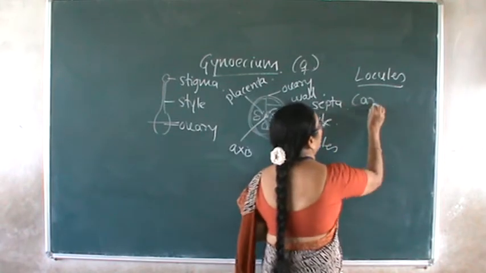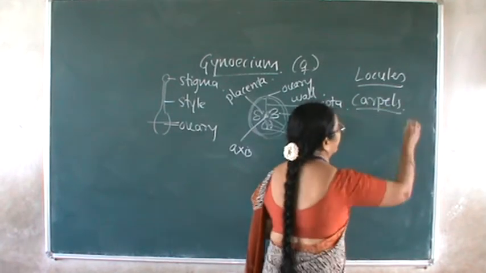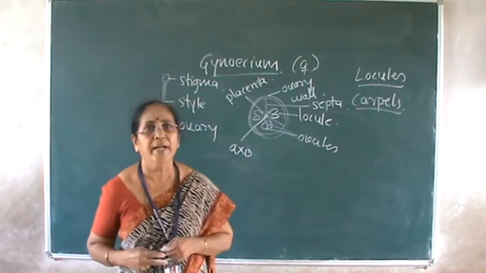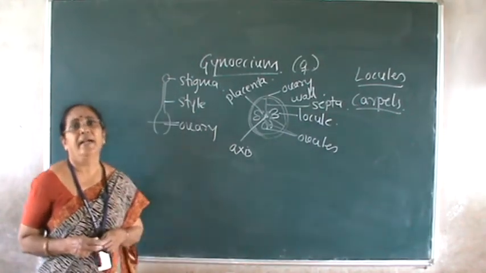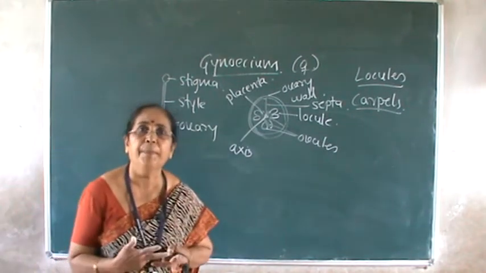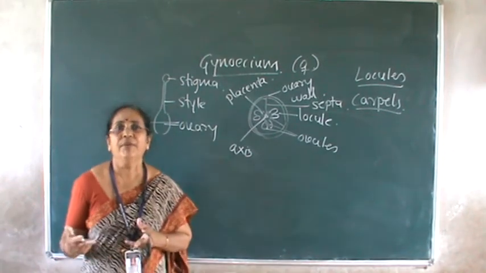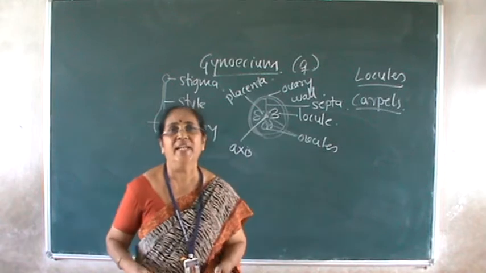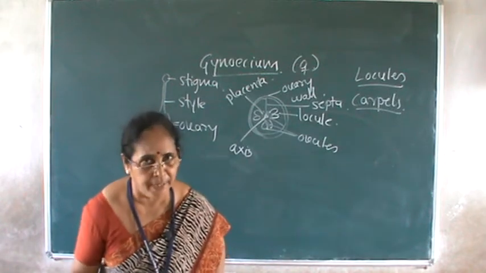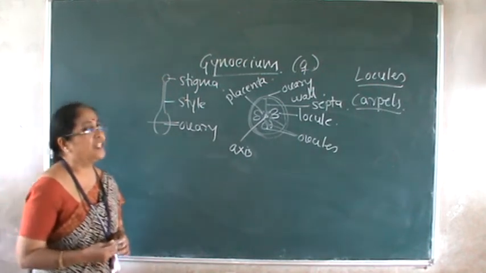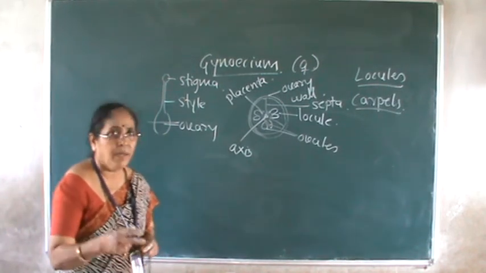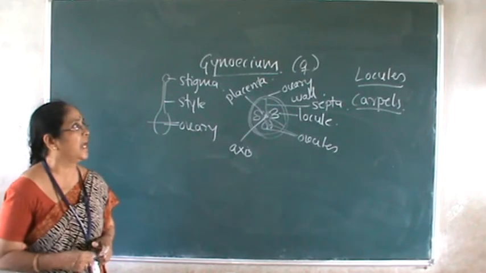Based on the number of carpels also, we can describe the ovary: monocarpellary, bicarpellary, tricarpellary, tetracarpellary, pentacarpellary. Up to 5 you can count, and more than 5 we cannot count, so it is described as multicarpellary in nature. Based on the number of locules and carpels, we can describe the type of ovary. The proper word is to be used to describe the ovary.